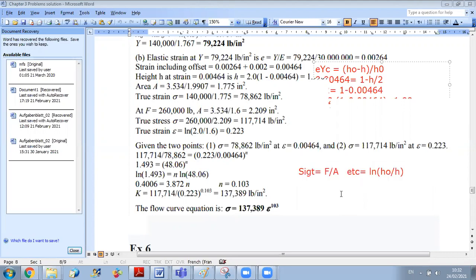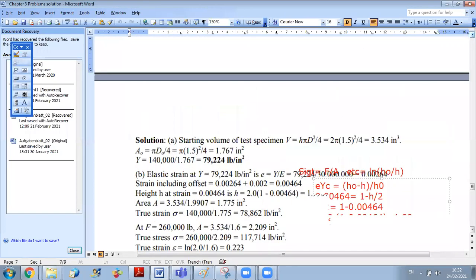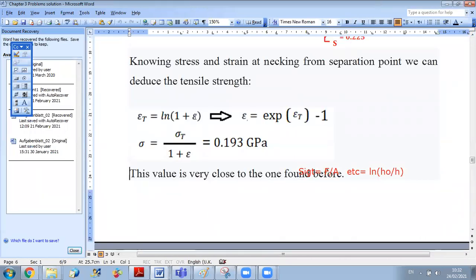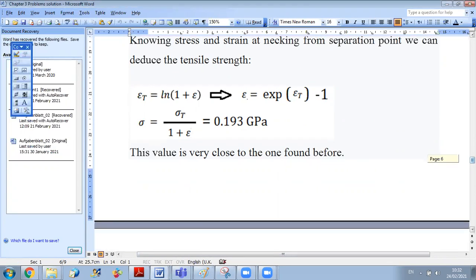It is easier for you, once you find the engineering values, to go back to these formulas. You can try. It will give you the same results. Knowing epsilon and sigma engineering, you can get sigma true and epsilon true. So these are two different methods, and both will give you the same result. You can try the second method and see that it will give you the same answers.